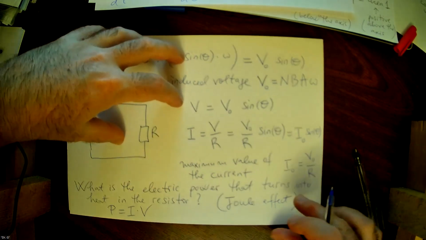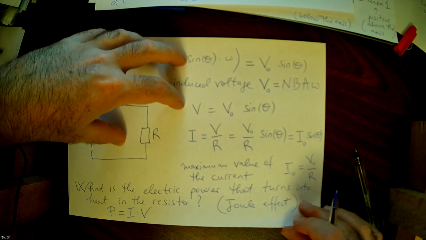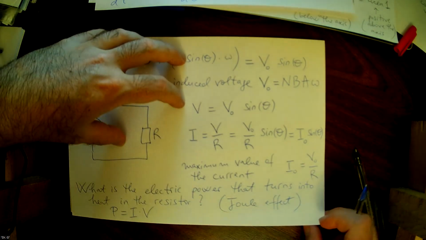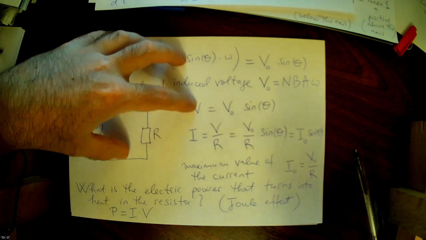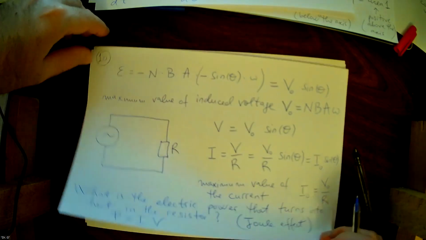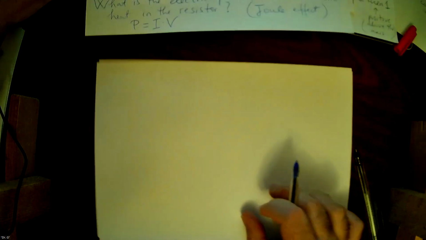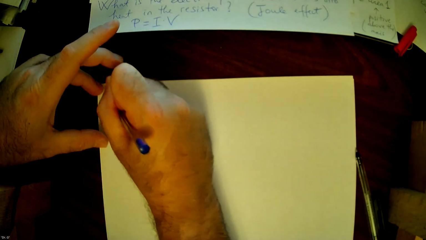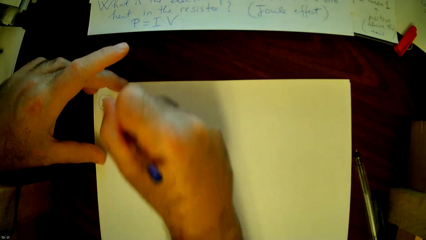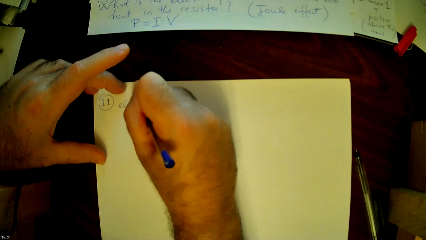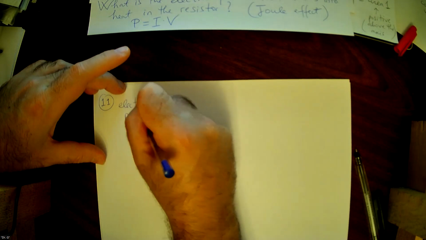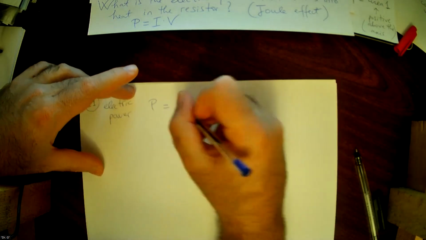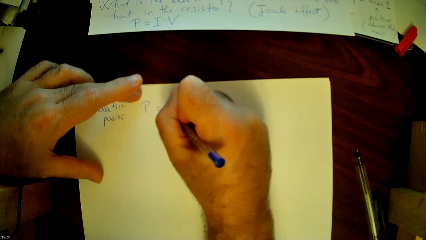So basically the electric power P is IV.